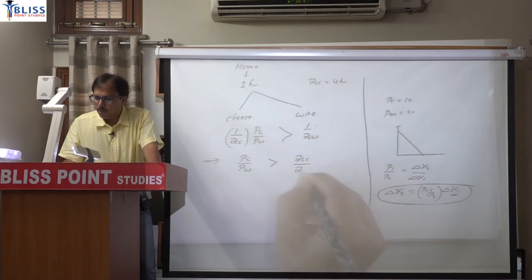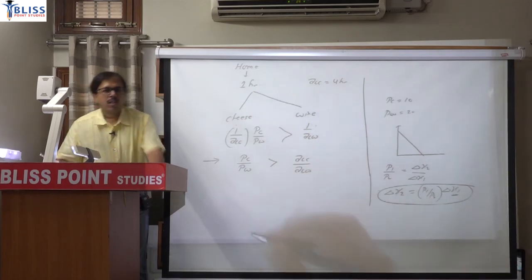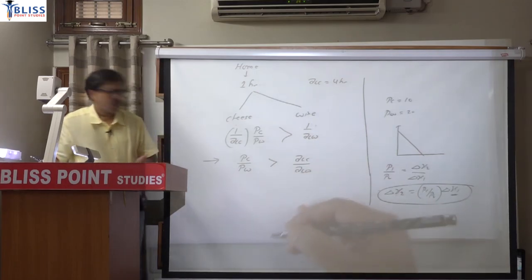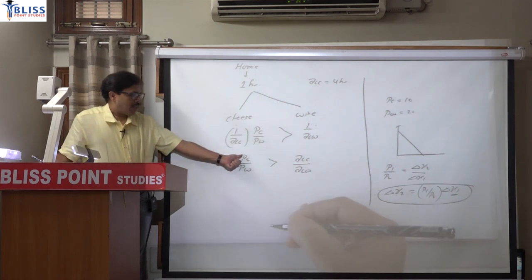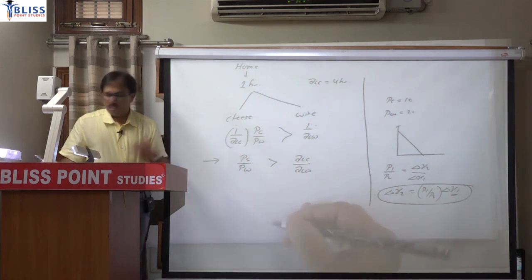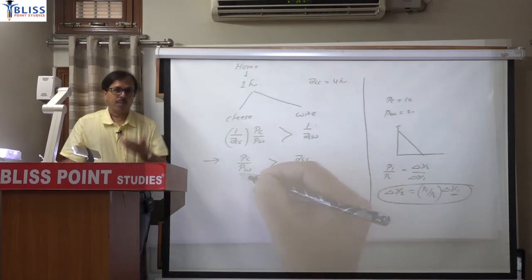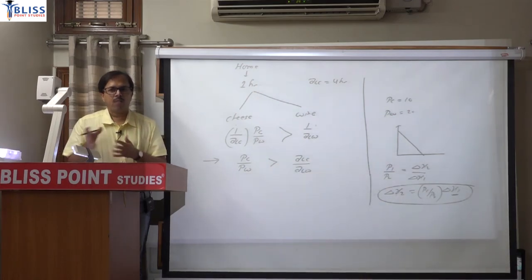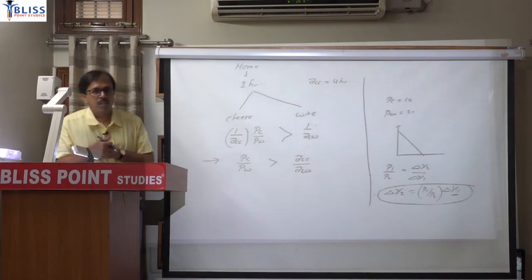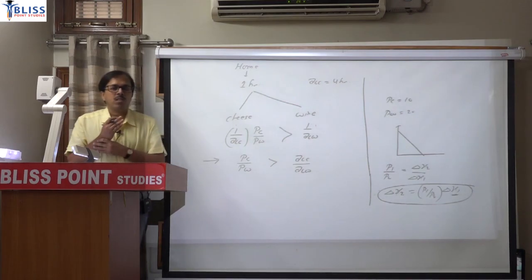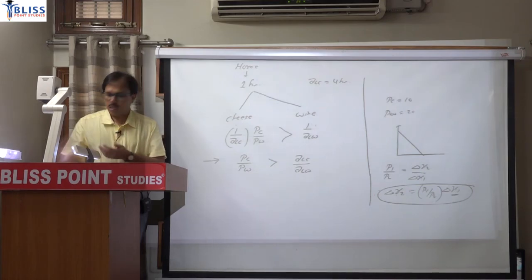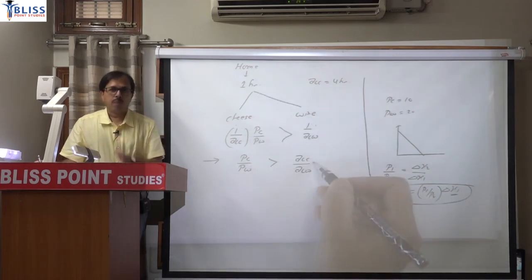And if you look closely, this condition is also stating that PC by PW is greater than ALC by ALW. And this is where we began our class earlier, with this implication: if the price ratio, that is relative price, is greater than opportunity cost, because ALC by LW is opportunity cost and this is price ratio, then there will be trade, and that trade will be beneficial. A country will always specialize in that line of production in which relative price is greater than opportunity cost.